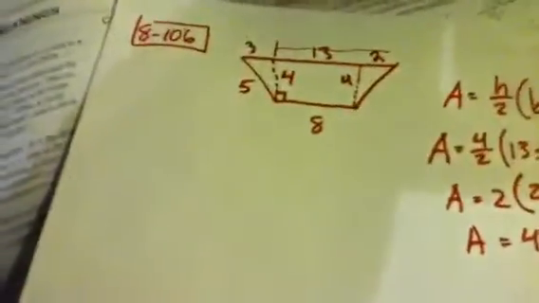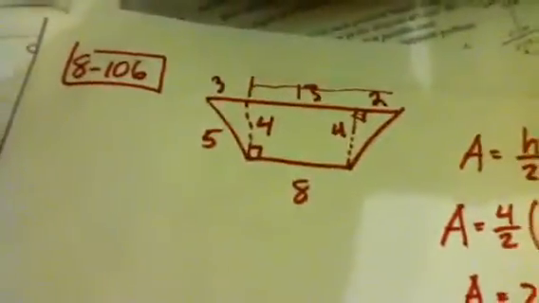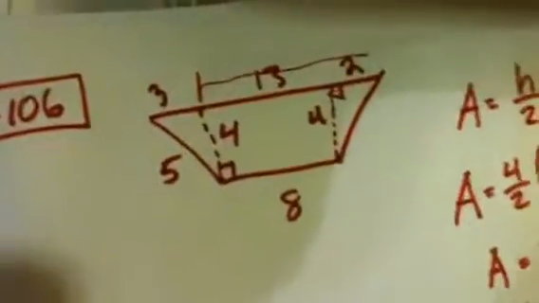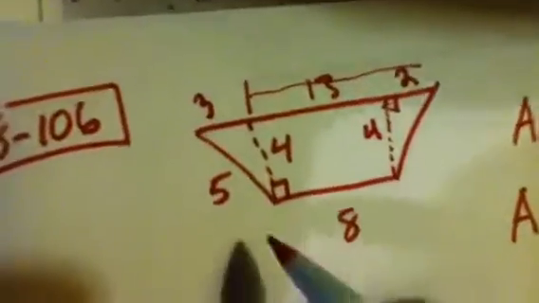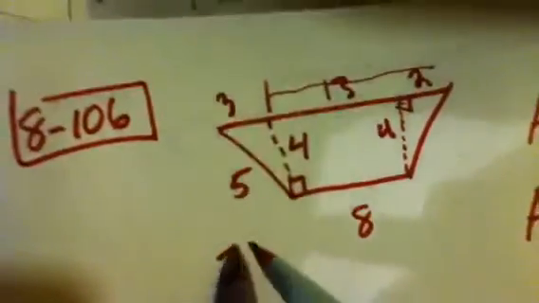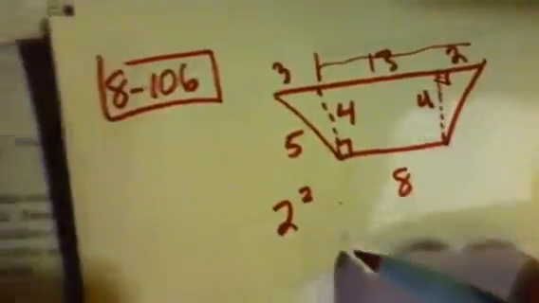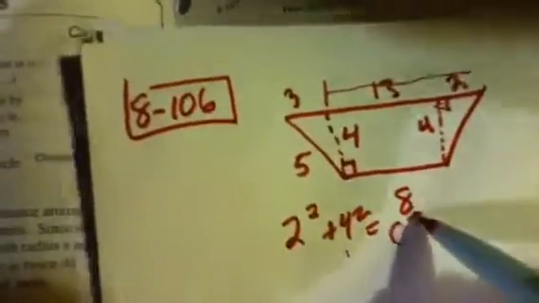And why do I need to know that? Well, because now I can do the Pythagorean theorem on this little triangle here on the right and find out the hypotenuse right there. So the Pythagorean theorem for that triangle would be 2 squared, sorry about all the shadows, plus 4 squared equals c squared.